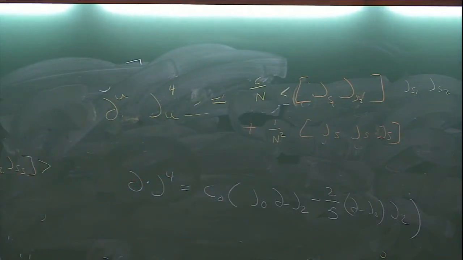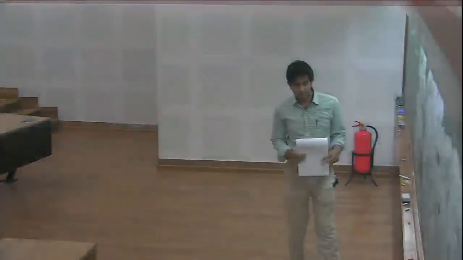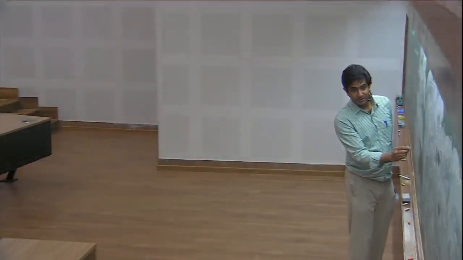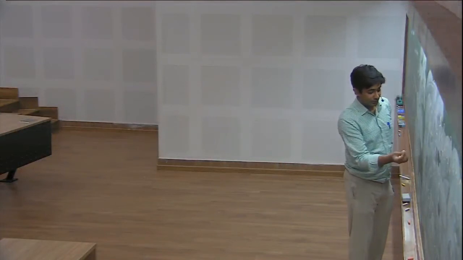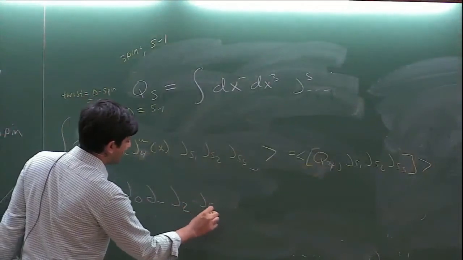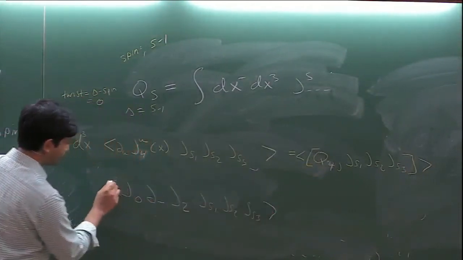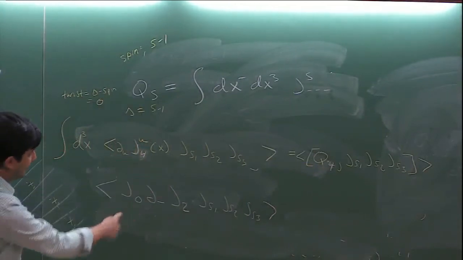Now suppose I want to act on a 3-point function with Q4. It will be non-zero, but the non-zero part will be related to the divergence of J4, and that non-zero part will be schematically of this form, where I inserted that in here.